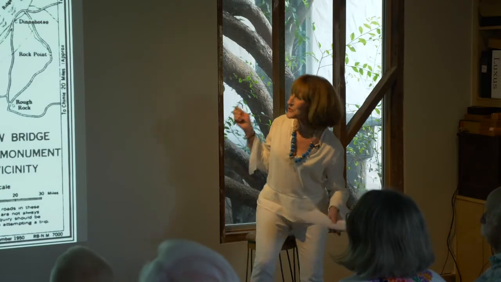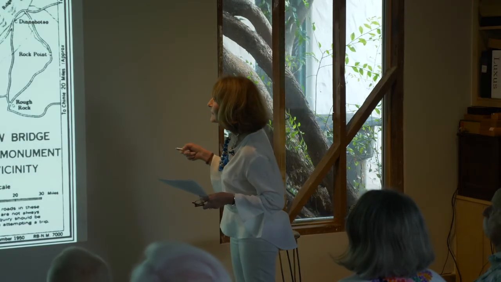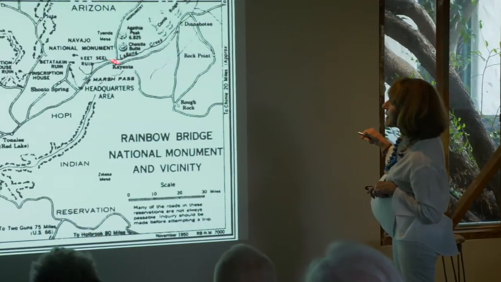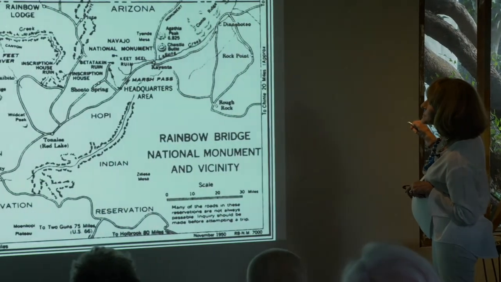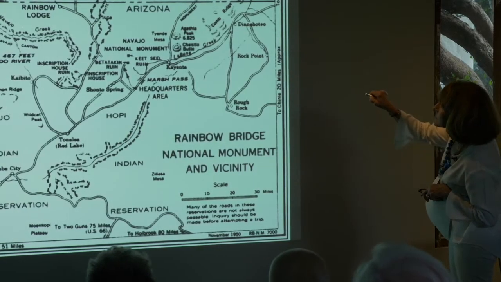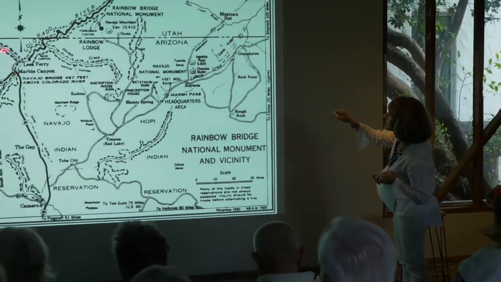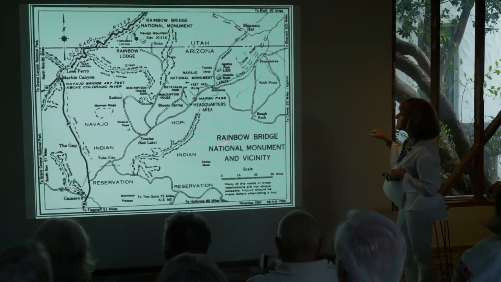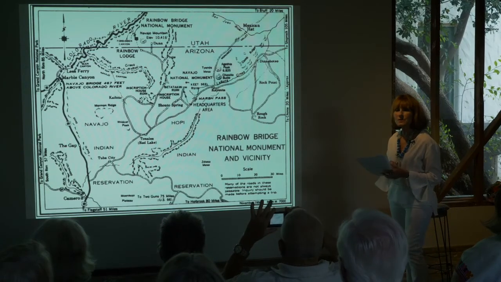So into this landscape, and this is a map of the area. Kayenta was the hub where everybody met. This is the Utah-Arizona border. Here's the Colorado River. The San Juan branches off here. This area encompassed about 3,000 square miles of harsh, rugged, desolate terrain, but also incredibly beautiful.